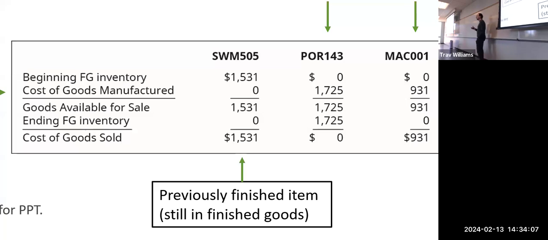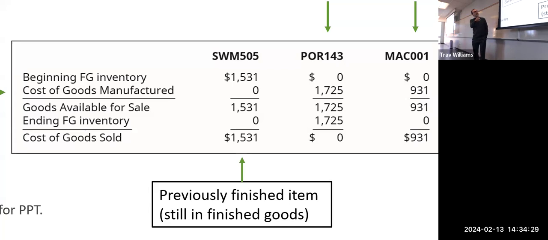So what that tells us is, at the beginning of the period, they already had that much finished goods for this product. And that's why we didn't see this product under work in process, because it was already finished in the last period. But it wasn't sold yet.